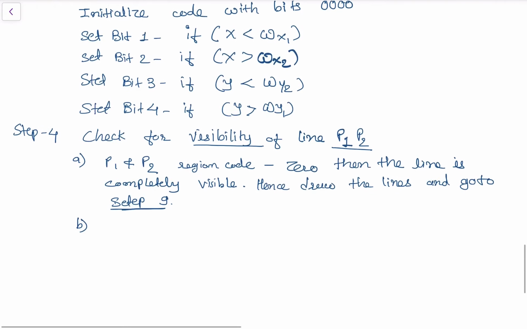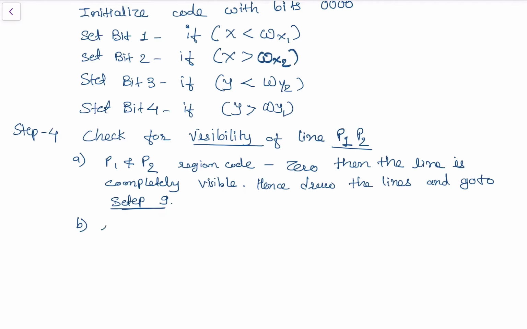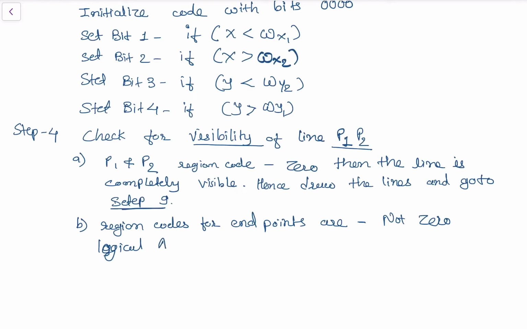Now second way, if the region codes for endpoints are not 0, and the logical ANDing of them is also non-zero, then the line is completely invisible.